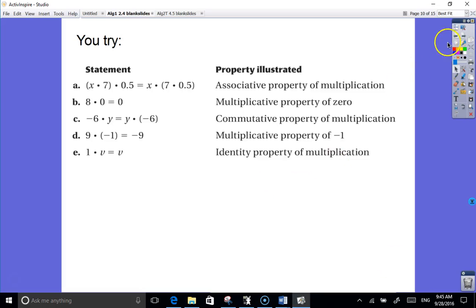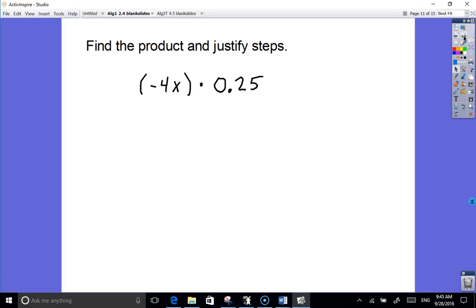Okay, properties. So then we do this. Let's find the product and justify steps. This is how it works, just to give you an idea. They have these kinds of questions on the SOL where they have you simplifying some order of operations or something, and you have to say what's going on between all these steps.